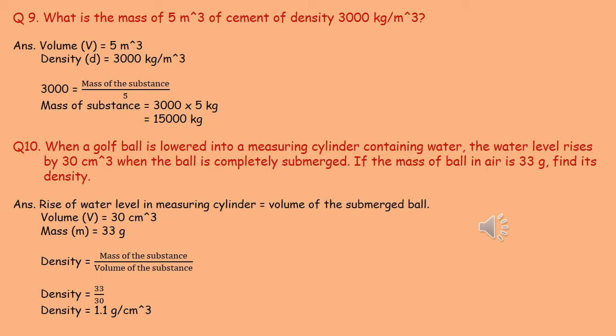So volume is 30 centimeter cube because the water level rises by 30 centimeter cube. Mass is given, small m is equal to 33 gram, both in CGS unit. So we are using the formula for density, that is mass by volume. So it will be 33 by 30, that is 1.1 gram per centimeter cube.